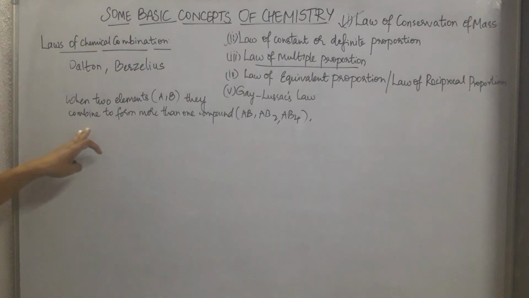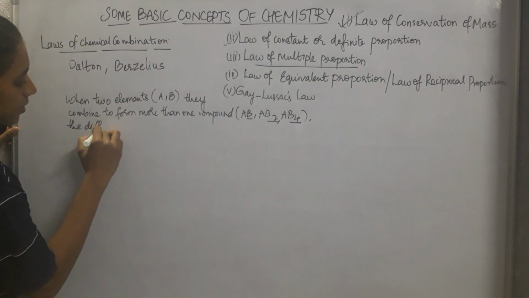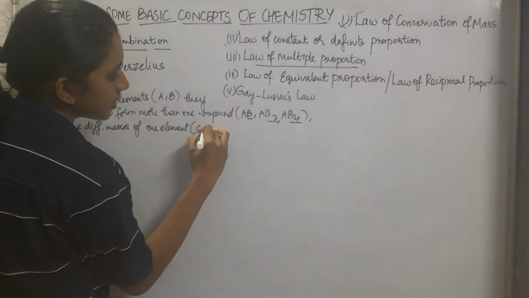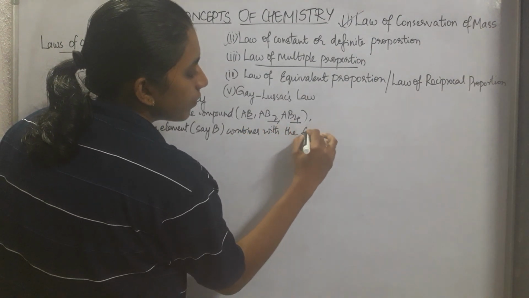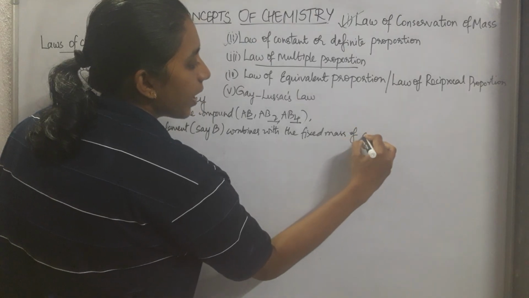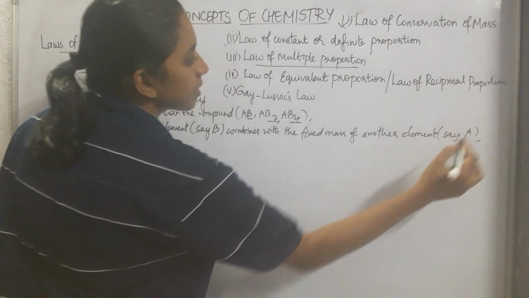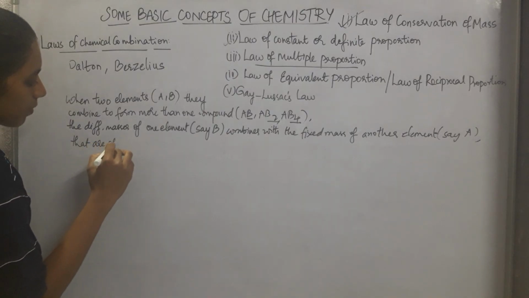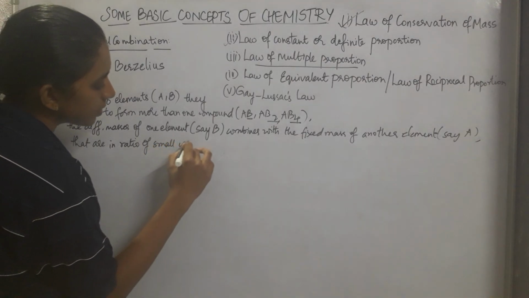the different masses of one element, say B, combine with a fixed mass of another element, let us say A, that are in ratios of small whole numbers.